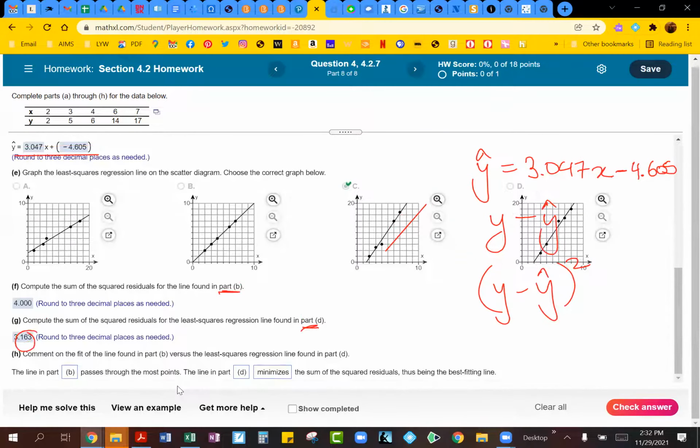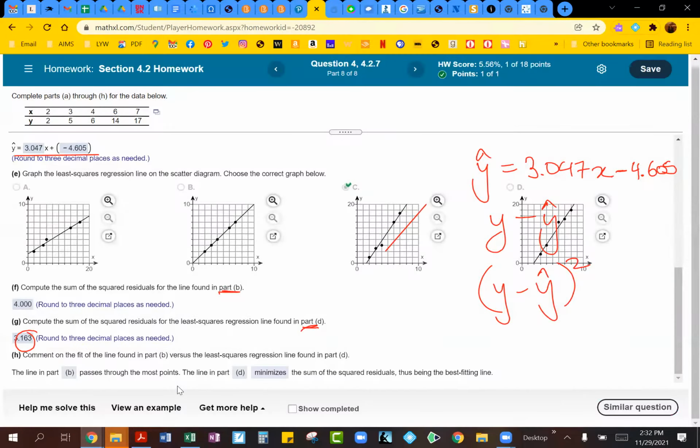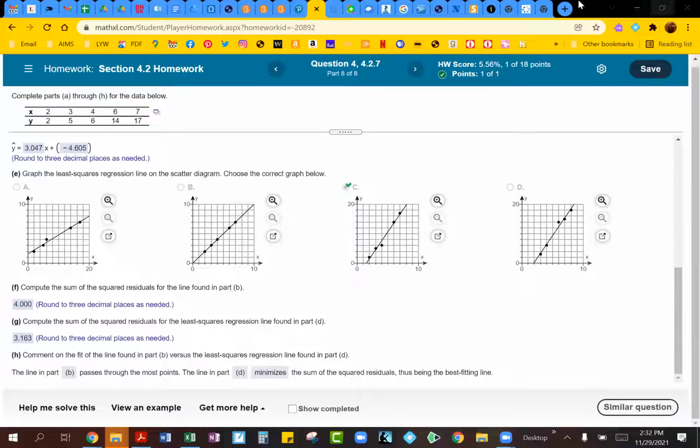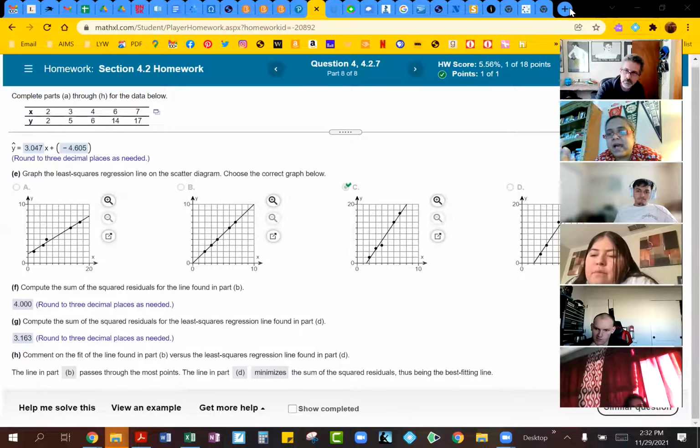So that's what they're saying. It's a better fitting line from the equation in part D. So that's kind of how they're having you do it. It doesn't mean that if your line passes through the most points it is a better line. It means which one gives you the smaller error from the points to the line itself. So does that kind of make sense between the two equations we calculated here?